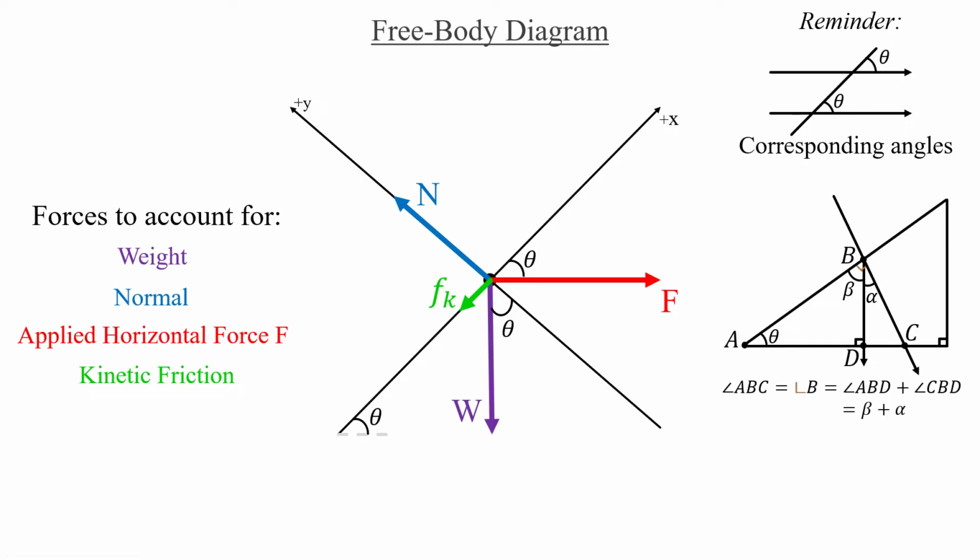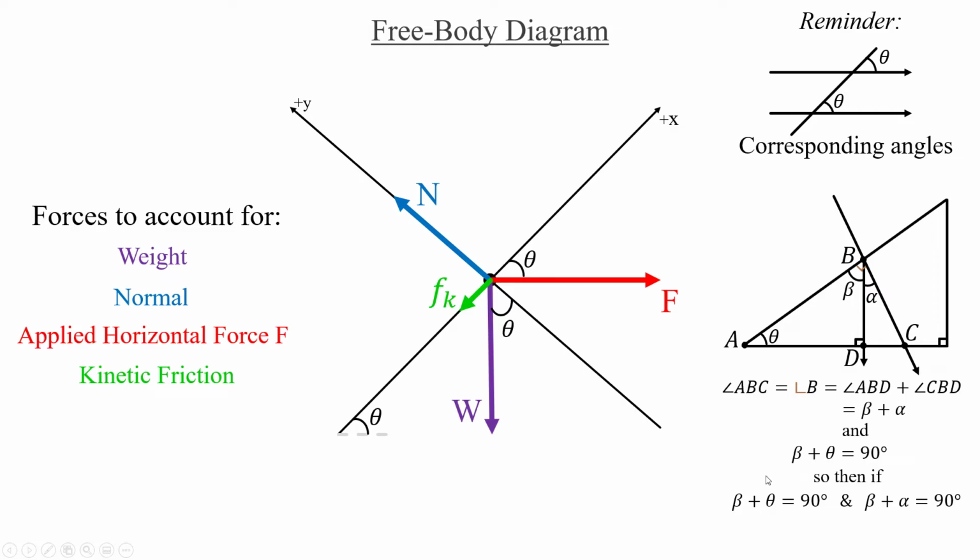That's 180. If I subtract the right angle off from this triangle, I get beta plus theta is equal to 90. So I have a right angle here equal to beta plus alpha, and then I also have theta plus beta equal to 90. So we got two separate equations here.